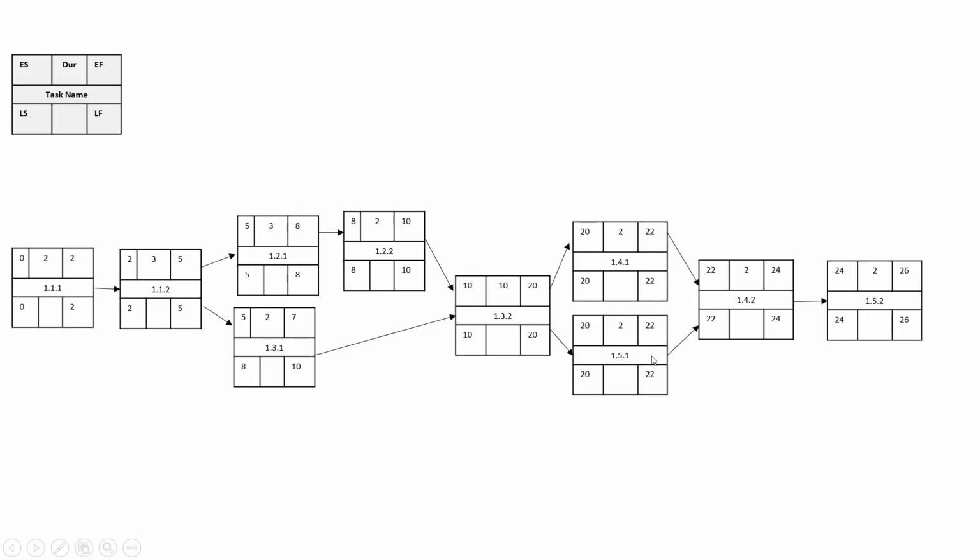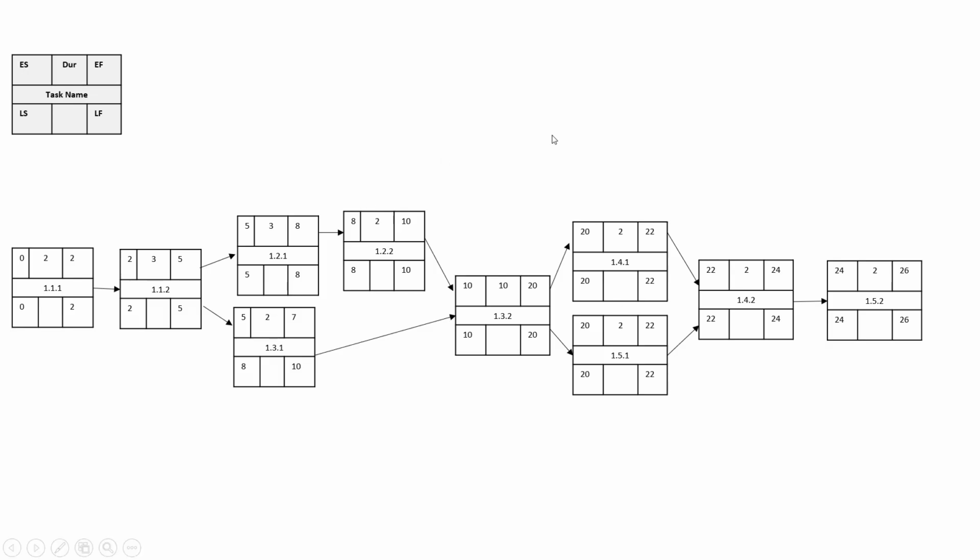So here we have a scenario where a subsequent task is dependent on 2 previous tasks, but they have the same early finish. So because it's the same, we use the 22. Both are 22, so we use 22 as the early start for the next task. Then we add its duration to calculate its early finish, which will give us 22 plus 2 is 24.